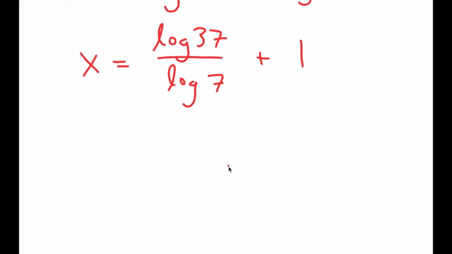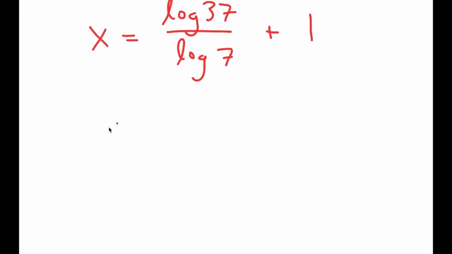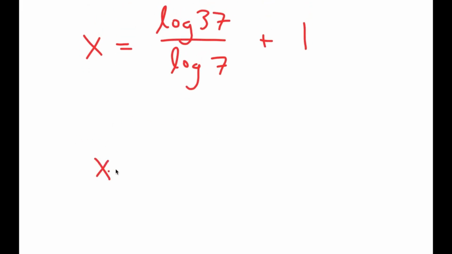And now, the final thing to do is to plug in the actual values of log 37 and log 7. So, log of 37 is equal to 1.568, and log of 7 is equal to 0.845.